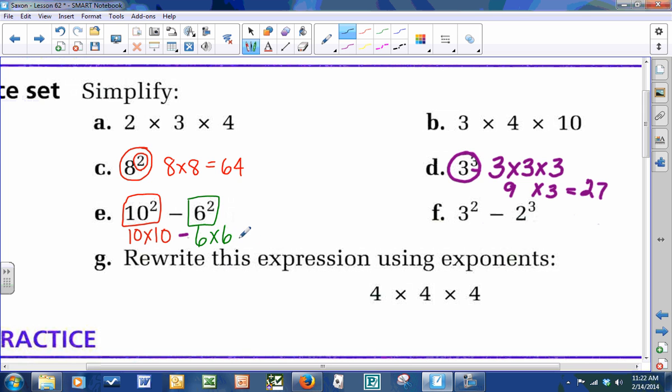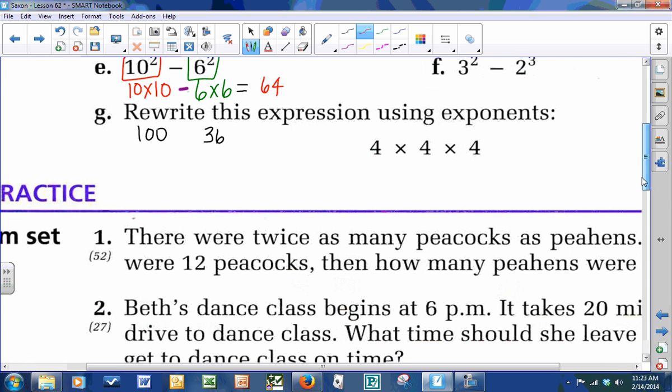Okay, so let's do that. 10 times 10 is 100, and 6 times 6 is 36. So I'm going to have to do some regrouping here because of these zeros. No problem. We know how to do that, don't we? We're going to borrow, regroup, borrow, regroup. 10 minus 6 is 4. 9 minus 3 is 6. So 64.